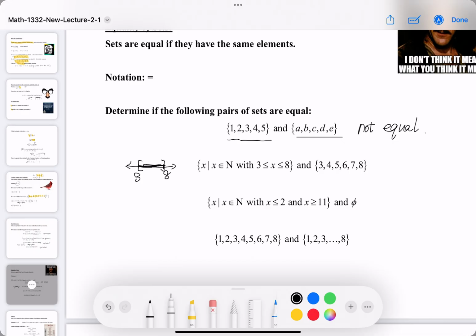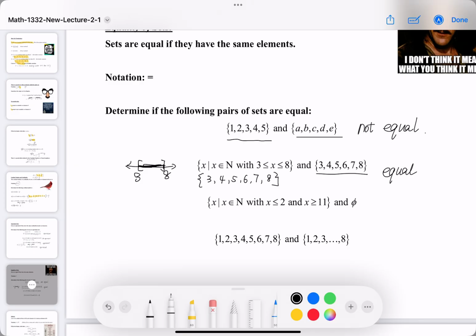So in roster notation, list all of the elements. They are 3, 4, 5, 6, 7, 8. And on our right, we have 3, 4, 5, 6, 7, 8. So they are exactly the same elements. So we say they are equal.